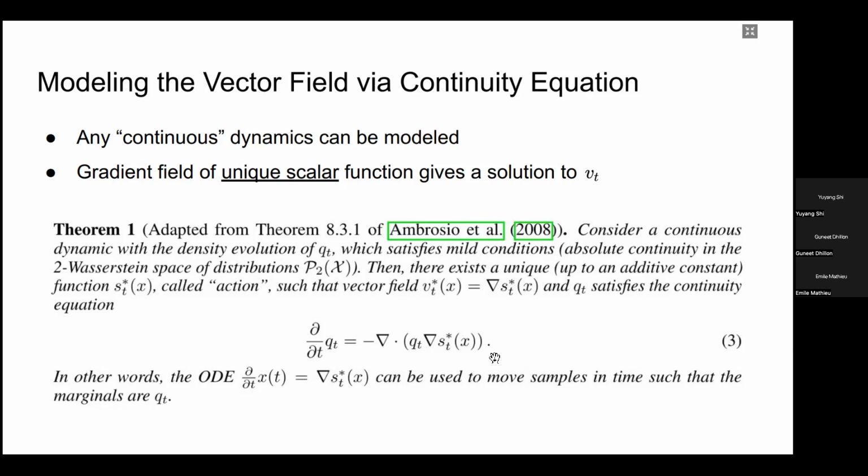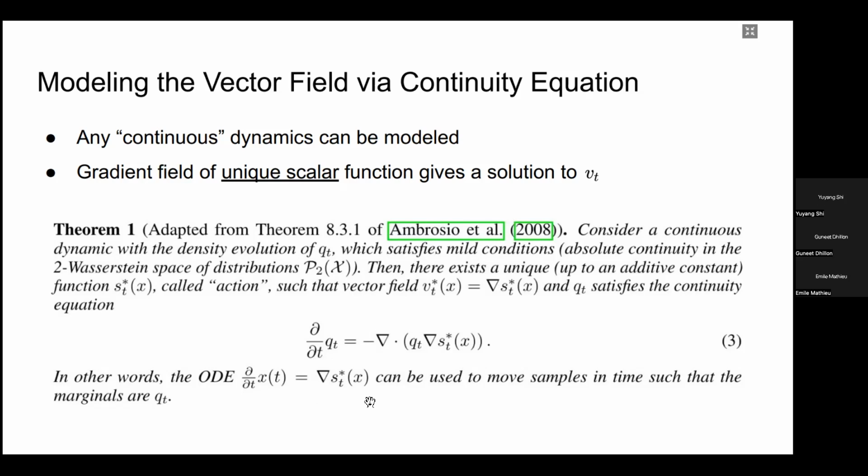And so as a result, if the data distributions evolve as this, then we can use this ODE to generate samples.